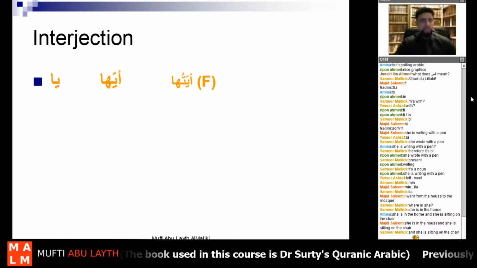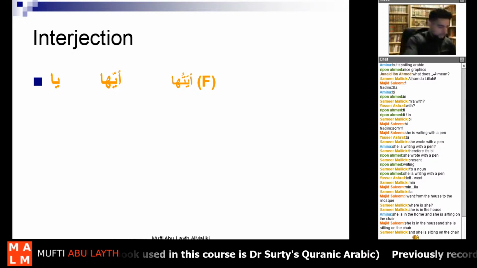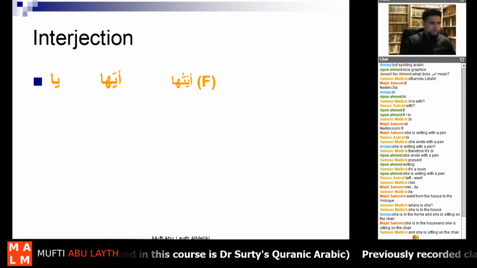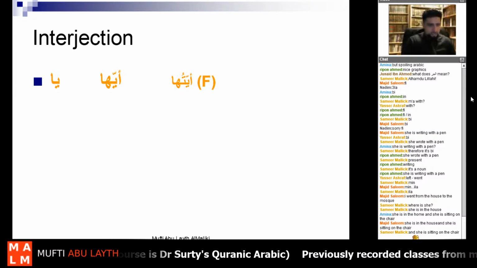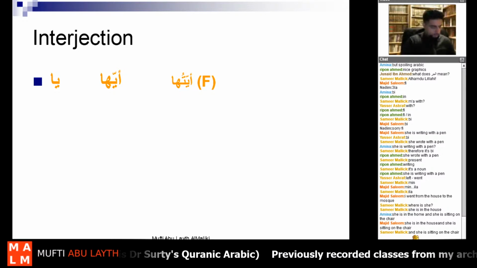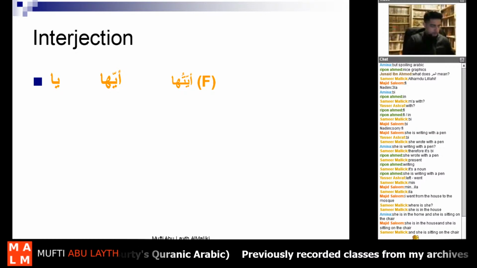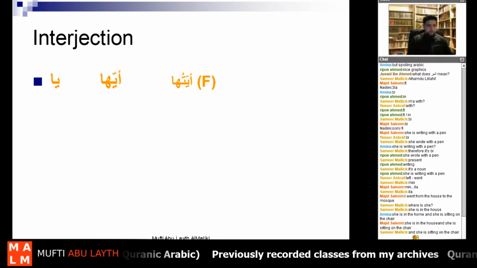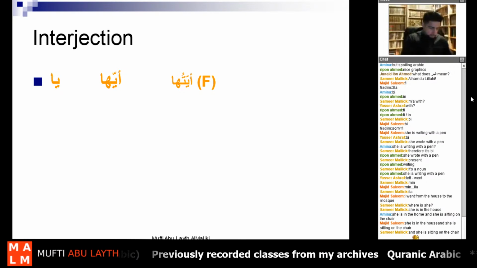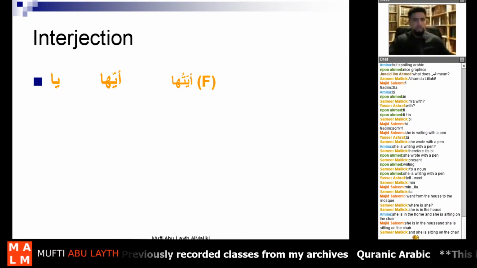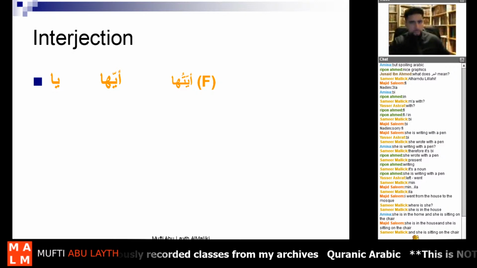Now we haven't got too much time to do this, so you could take a look at this, just a glance. If you look at page 141, you'll see number 13. Sorry, a moment there.